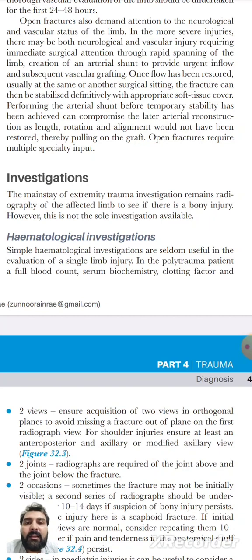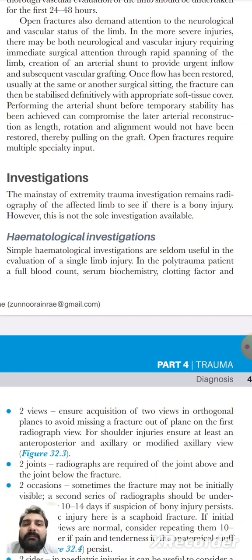Performing the arterial shunt before temporary stability has been achieved can compromise the later arterial reconstruction as length, rotation and alignment would not have been restored, thereby pulling on the graft. Open fractures require multiple specialty inputs. Now, what is the summary?